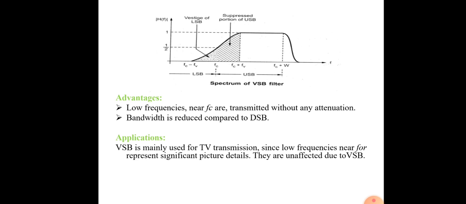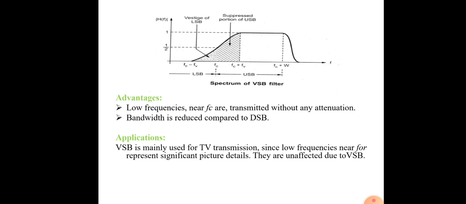So here is the small representation of vestigial sideband. Here it is the graph between magnitude of H of f and f. Before, we saw one graph where we represented only the omega value; here we represent the frequency value. Here also is the normal graph representation. Here the vestige of the LSB is shown in the figure.